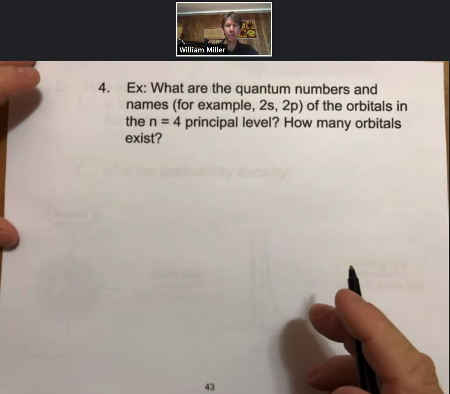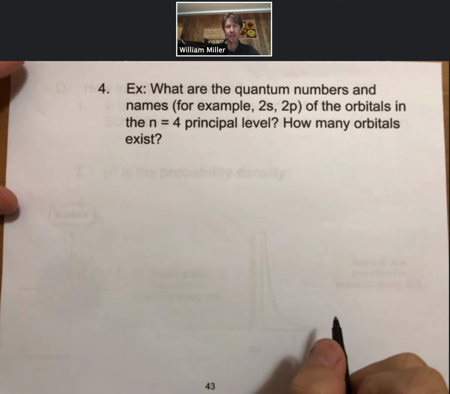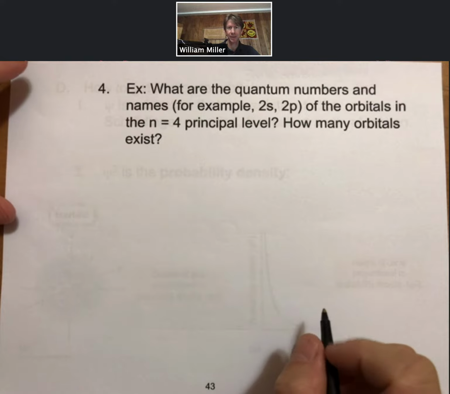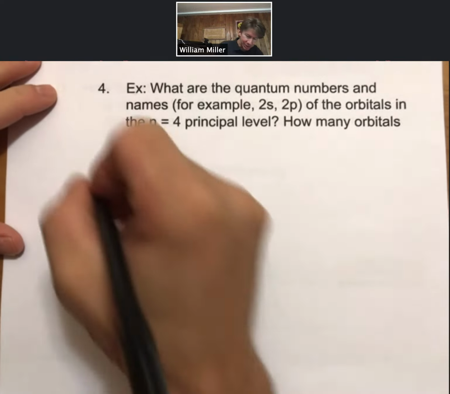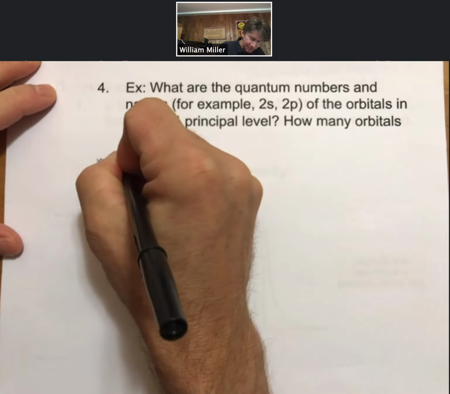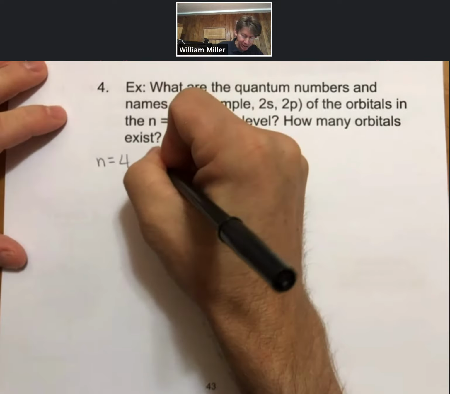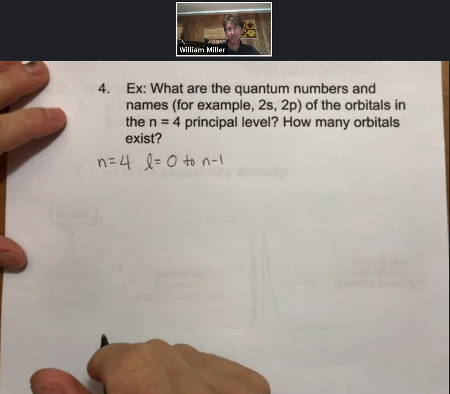Question then: what are the quantum numbers and names, for example, 2s, 2p, of the orbitals in the n equals 4 principal energy level? How many orbitals exist? Well, for n equals 4, we said l equals 0 to n minus 1.